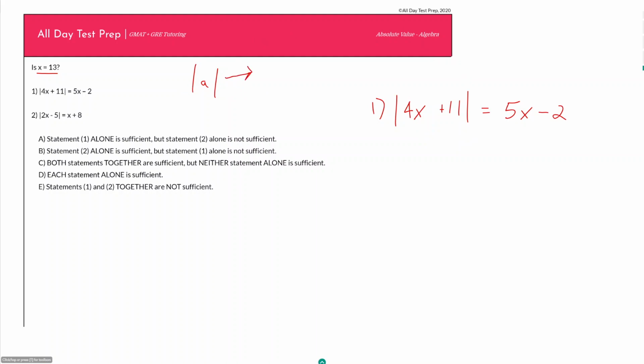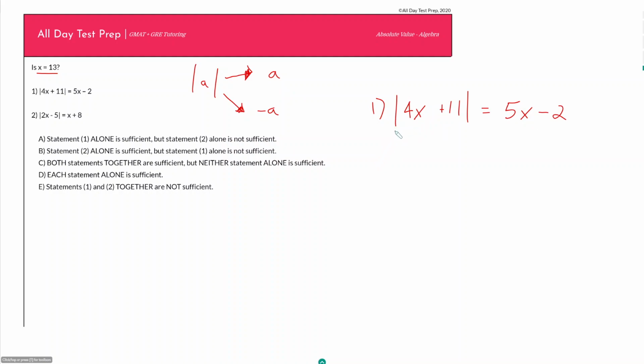We said once we have the absolute value of a, there's only two things this could be equal to. When a is greater than or equal to 0, absolute value is equal to a. And when a is less than 0, absolute value of a is equal to negative a.